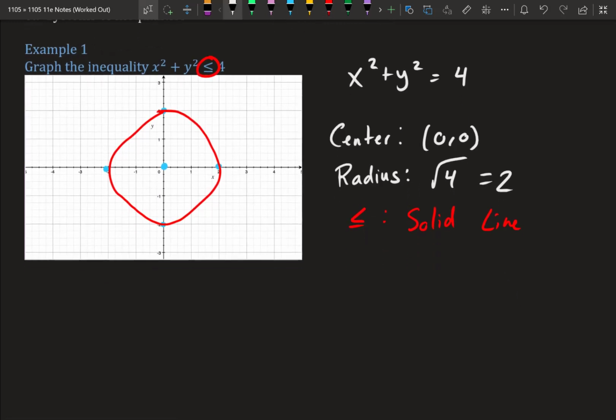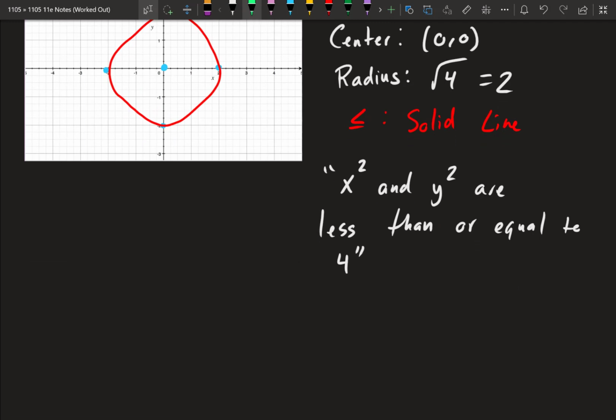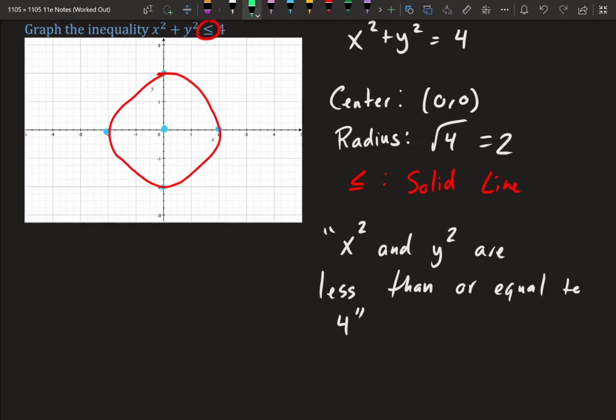This is a trick that I've come up with. I read it to myself: x squared plus y squared is less than or equal to 4. Now, since it's less than, if I shade outside, isn't it getting greater? Isn't it going out infinitely?